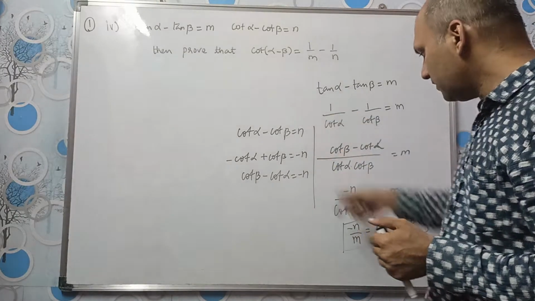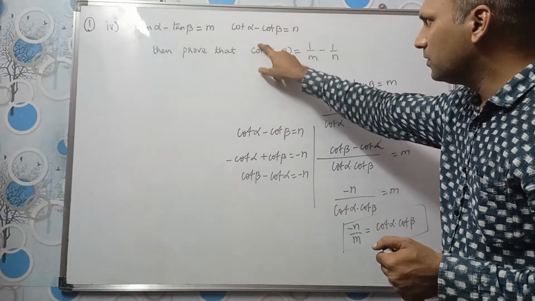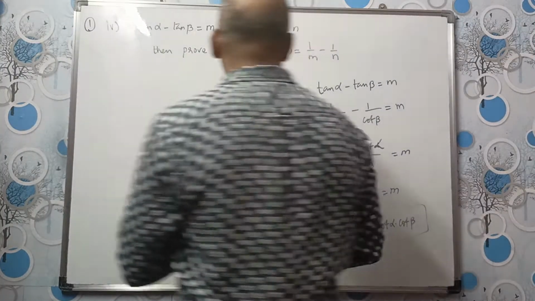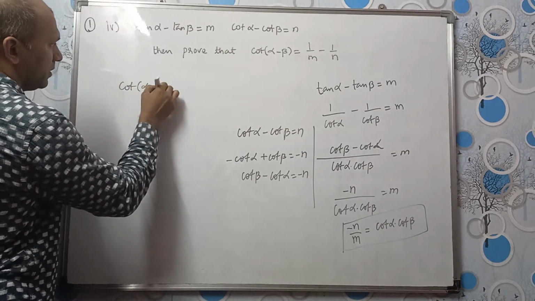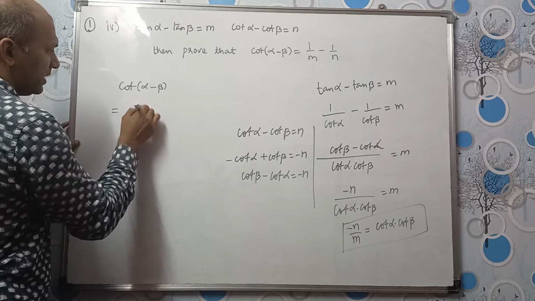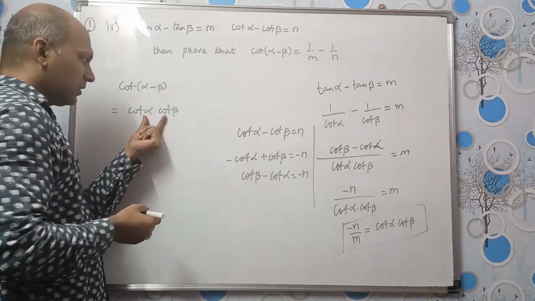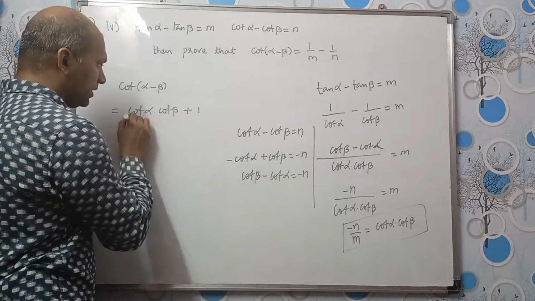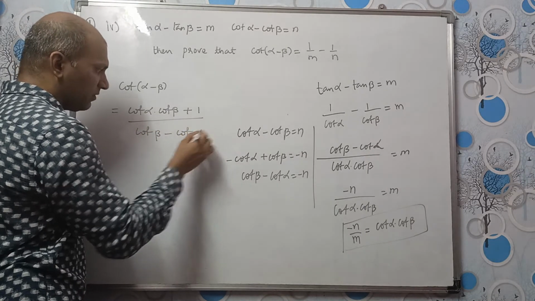Because see, why did we get this? Cot alpha minus beta, we need to find this cot alpha minus beta, right? What is the formula to find cot alpha minus beta? Cot alpha minus beta is cot alpha cot beta, or cot beta cot alpha plus 1 divided by cot beta minus cot alpha.